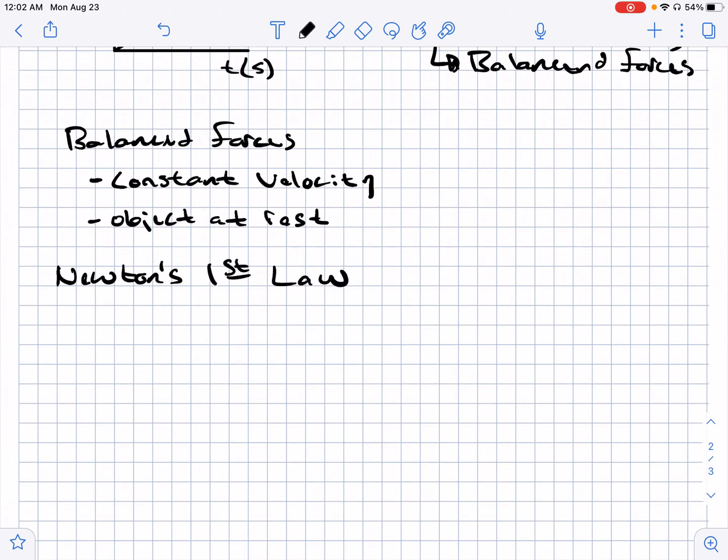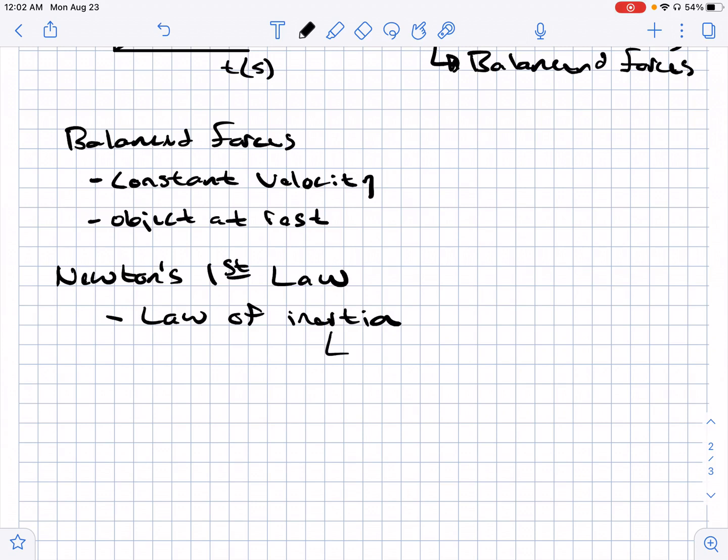Newton's first law says that an object will stay in motion with a constant velocity, or it will stay at rest, if there are balanced forces. Sometimes this is referred to as the law of inertia. You might ask yourself, well, what is inertia?